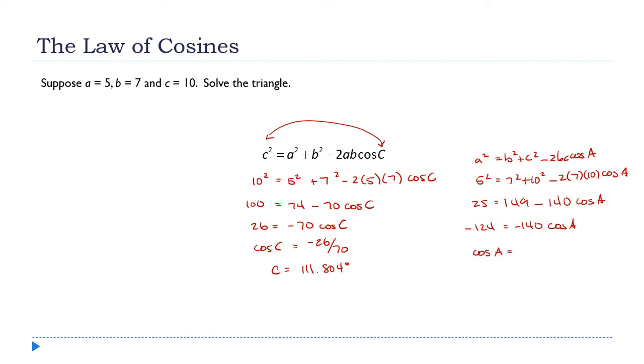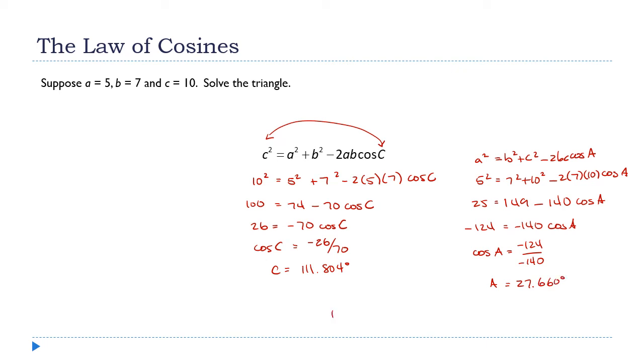Cosine A equals negative 124 over negative 140. Inverse cosine of both sides, and we get A equals 27.660. Okay, and that's it.